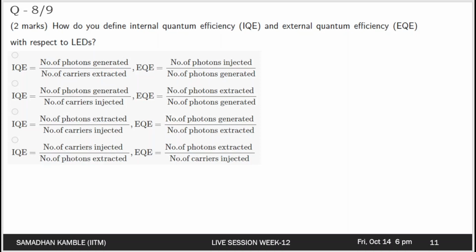Let's say N2 is the index of refraction, that is, the refractive index for the semiconductor material, and N1 is the index of refraction for air. So we are seeing the Fresnel loss.